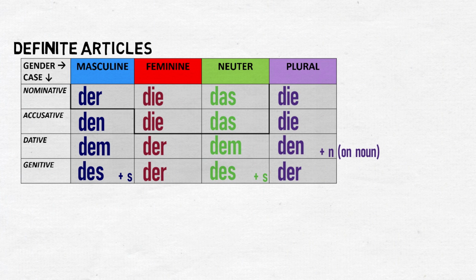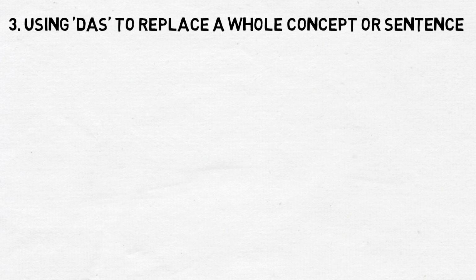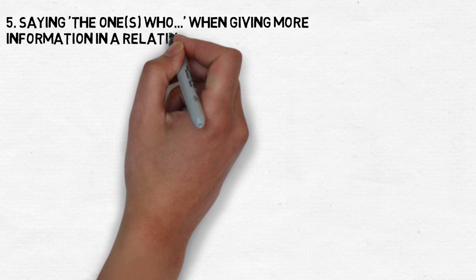In German, there are lots of different types of demonstrative pronoun, and I will list the ones we'll be looking at here before going into more detail about each of them. Using an article to replace a noun when context is established, putting stress on an article to show that you're talking about a specific thing, using das to replace a whole concept or sentence, replacing an article with the words this when an object is near to you, or that when an object is further away, saying the one or the ones who when giving more information in a relative clause.